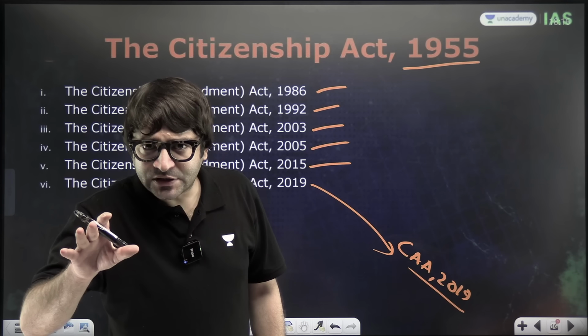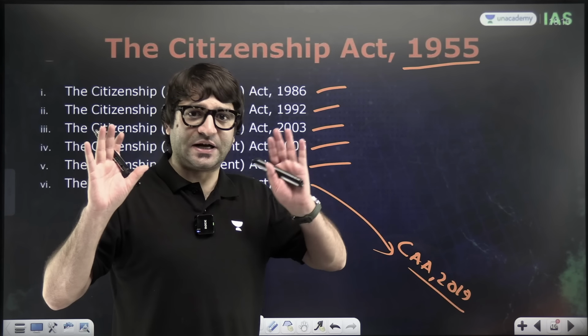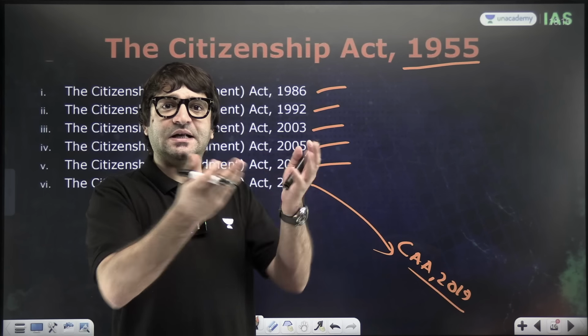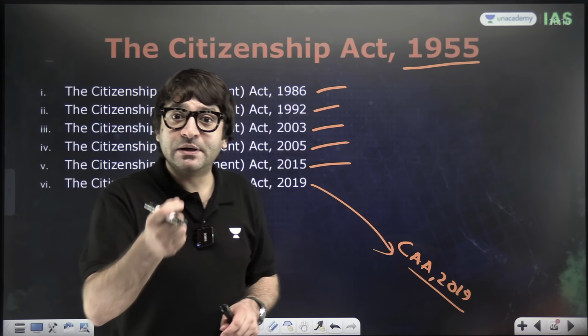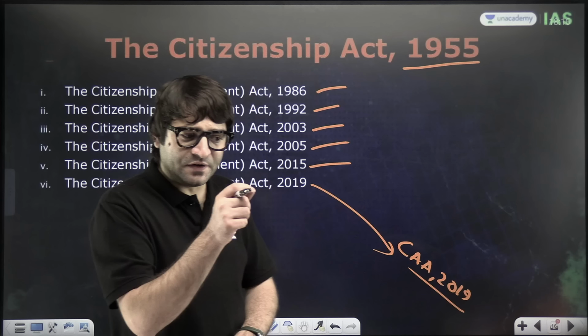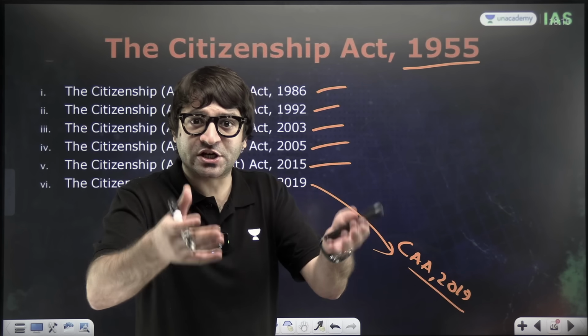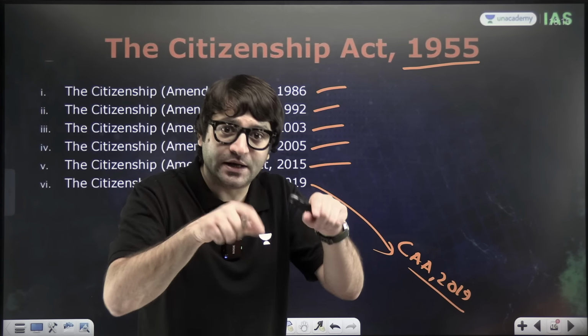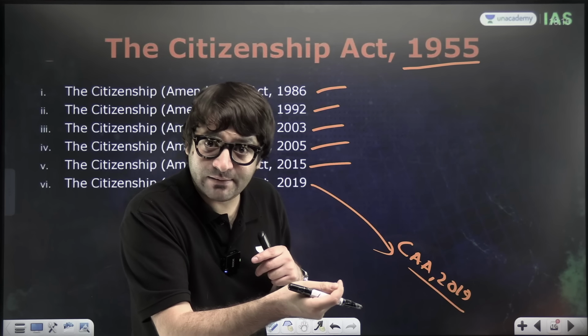I am not an Indian, for example. I want to enter India. How do I enter India? I have a passport, I have a valid visa. The Indian government allows me to enter India. What if I enter India without a visa? I'm an illegal migrant. What if the visa is valid for 3 months, but I'm overstaying? I'm staying in India for 6 months, 7 months, 1 year. I'm an illegal migrant. And can I claim Indian citizenship? No. Can my kids claim Indian citizenship? No.